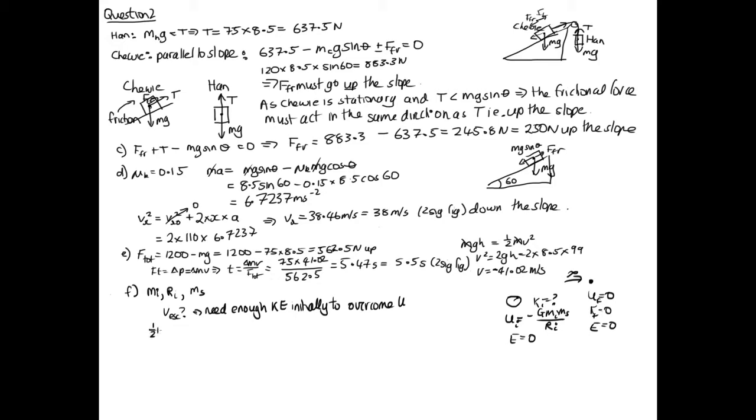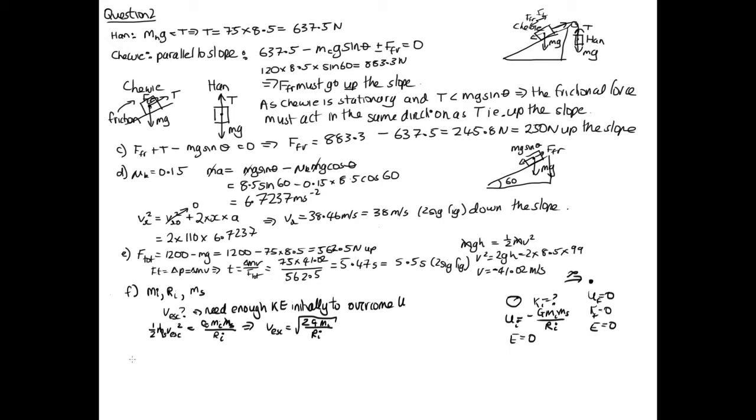So we know that a half m v escape squared, where m is the mass of the shuttle, has to be equal to G times the mass of the ice planet times the mass of the shuttle over the radius of the ice planet. And so the mass of the shuttle cancels out, and we have that the escape velocity is equal to the square root of 2G times the mass of the ice planet over the radius of the ice planet. And so that's our expression for the escape velocity.